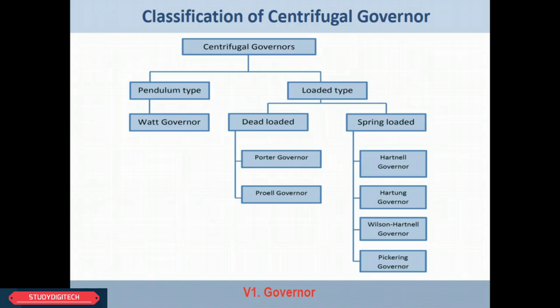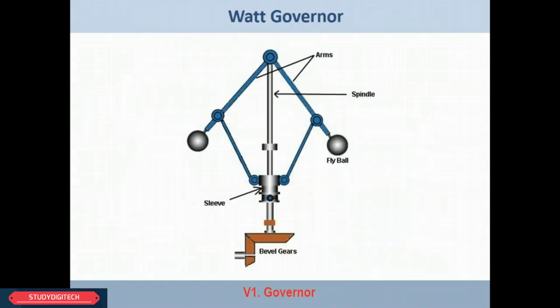First we will understand the pendulum type, the Watt governor. In this governor, a pair of balls, that is masses, are attached to the spindle with the help of arms and links.